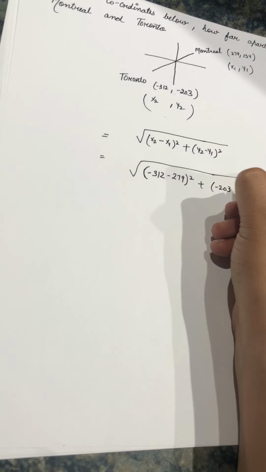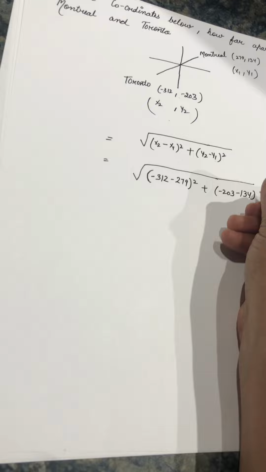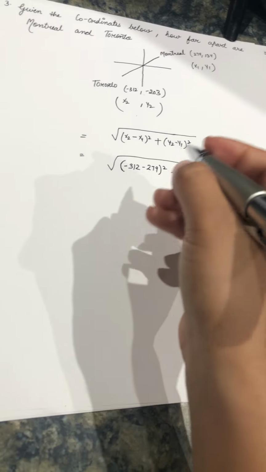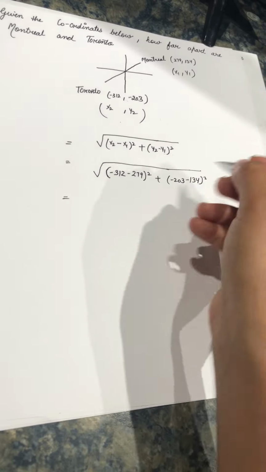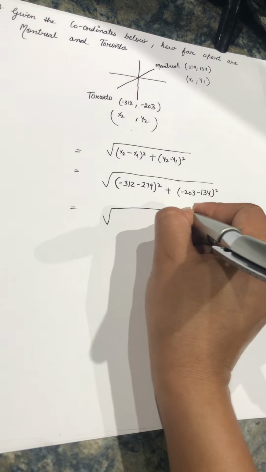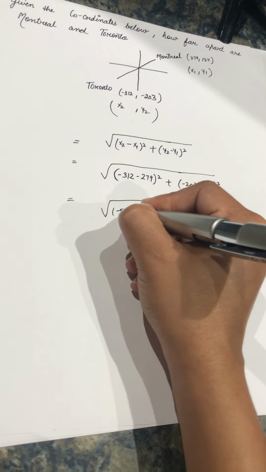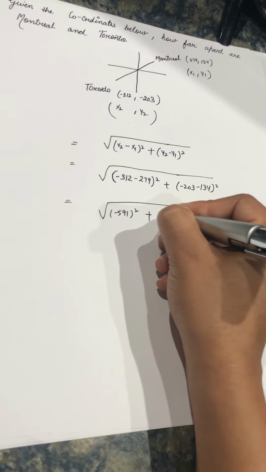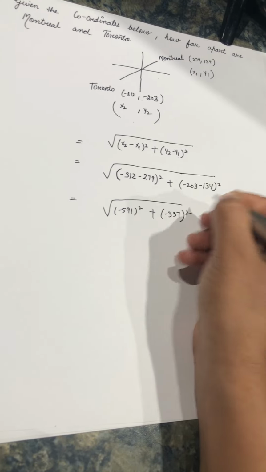Minus 203 minus 134 whole square, putting the values in and then solving this. Minus 591 whole square plus minus 337 whole square.